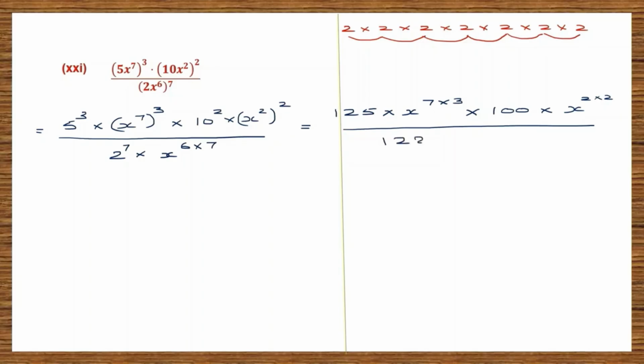So 128 into x to the power of 6 into 7. Here it says 6 into 7. 6 7s are 42.